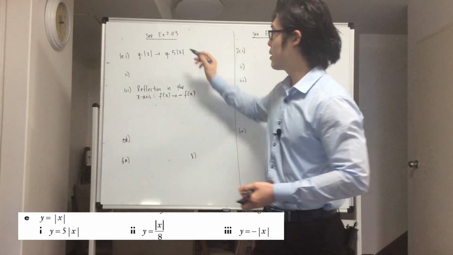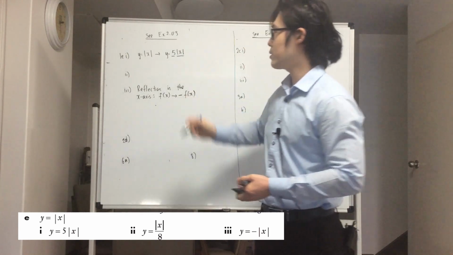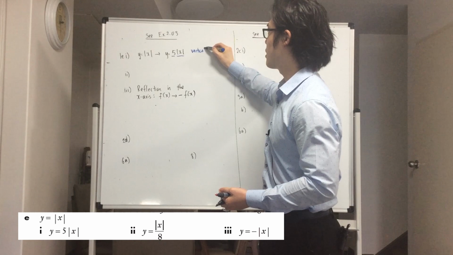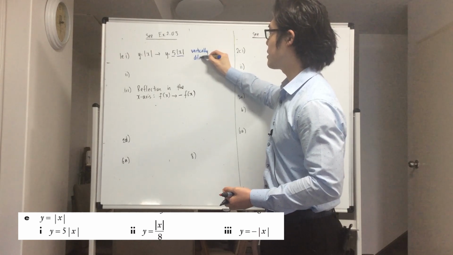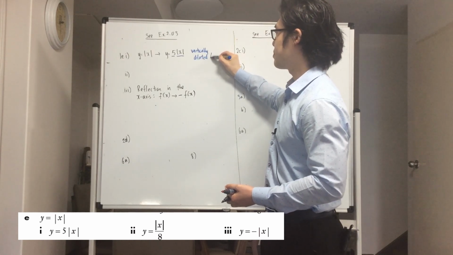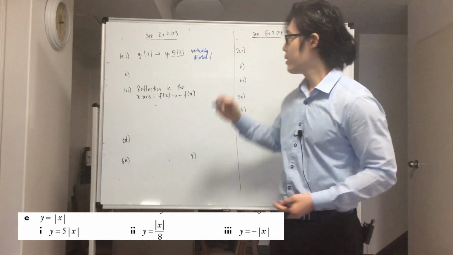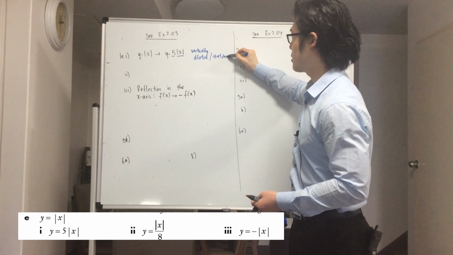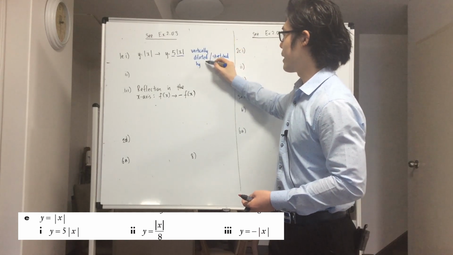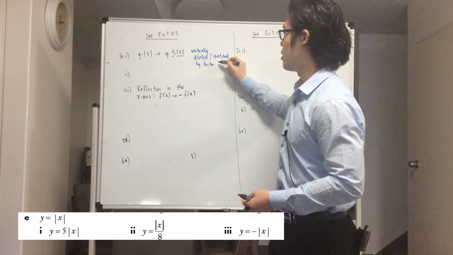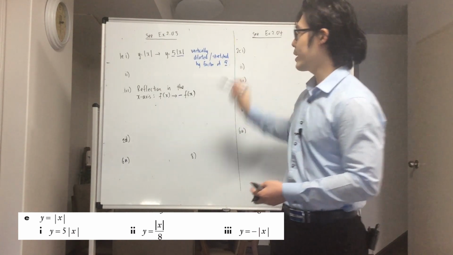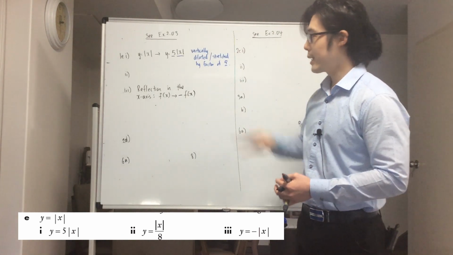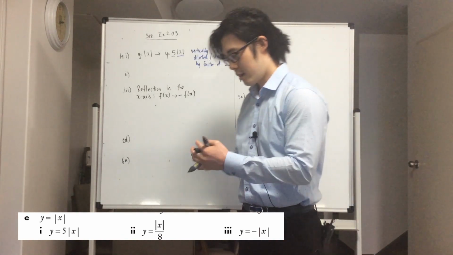So like I've discussed, if there's a number outside of the function, that's vertical dilation, okay? Now to be more specific, if the number is bigger than 1, it's vertically dilated, or to be more specific, you can say it's stretched, by a factor of 5, okay? In the answers, they usually just say vertically dilated, okay? That's the answer.